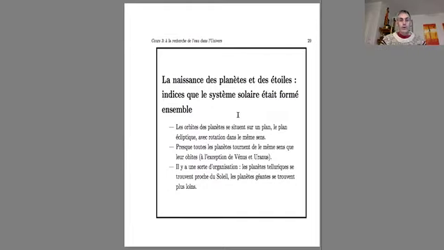So first of all, the orbits of the planets exist in a plane. Say we have the sun here in the center.